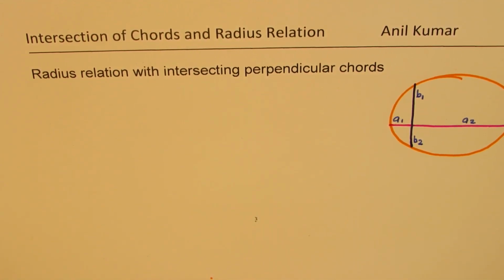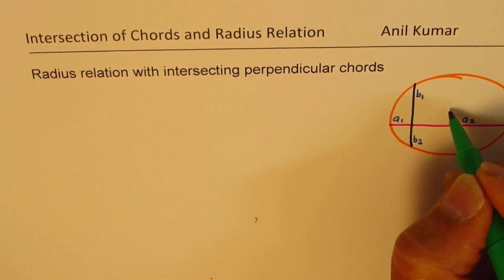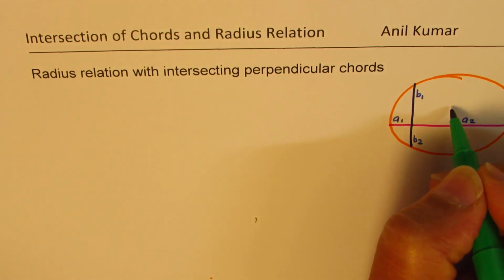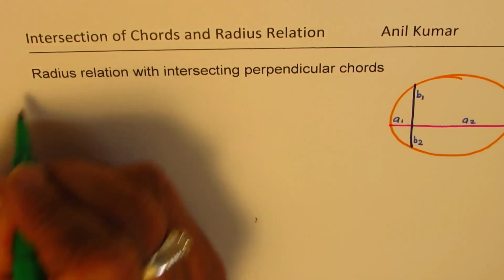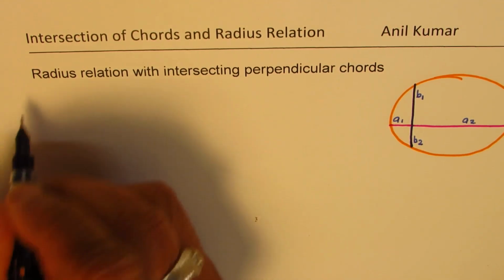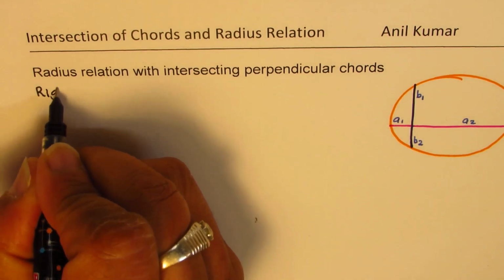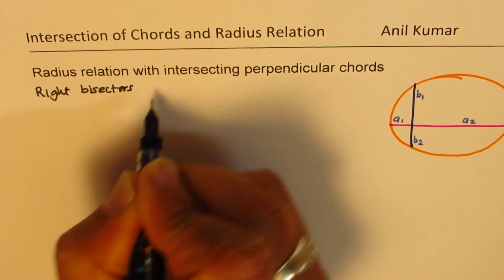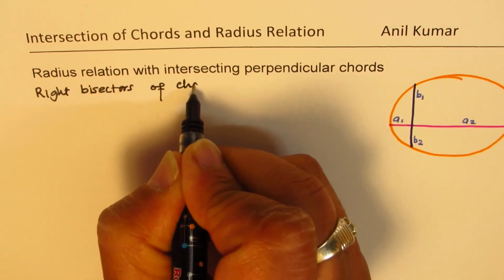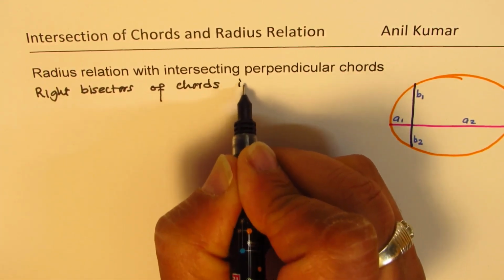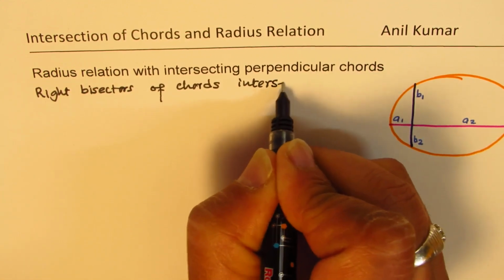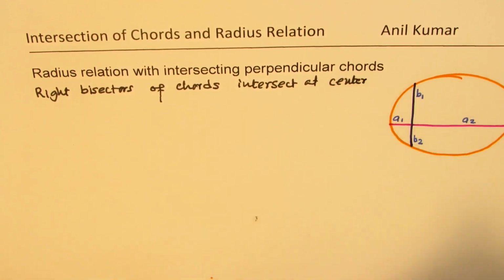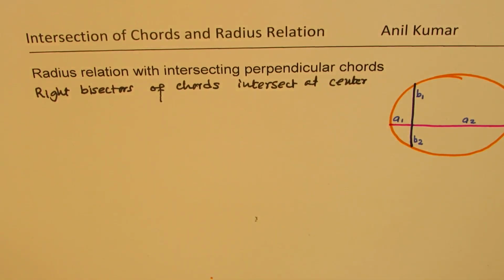Now the important thing to understand is where the center is. The center of this circle will be at the intersection of the perpendicular bisectors of the chords.